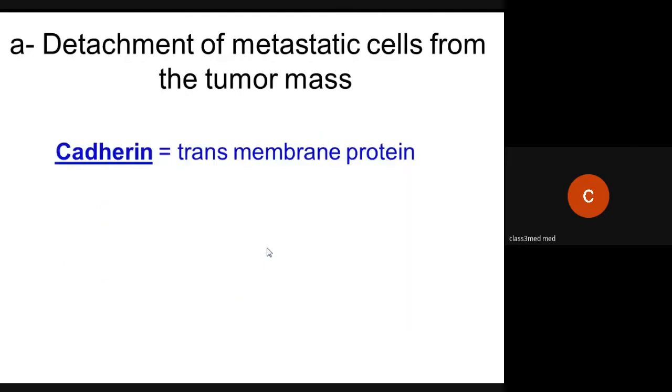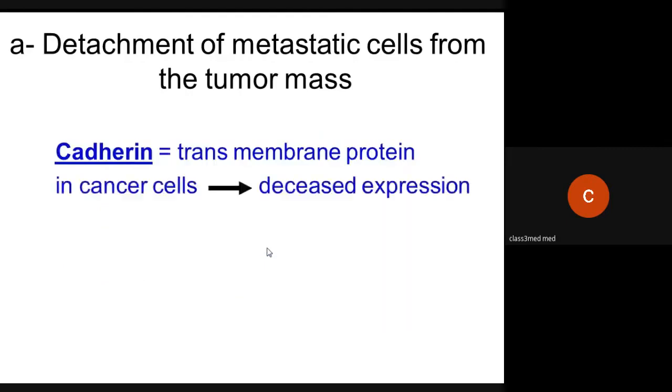Normally, in tumor cells, there is decreased expression of the cadherin molecule. So the gene encoding for cadherin should be first what? Suppressed. So the tumor cell should be able to suppress the cadherin gene and decrease the production of the cadherin molecule in order to liberate itself, to detach from the tumor mass.